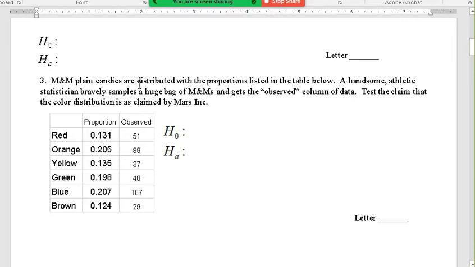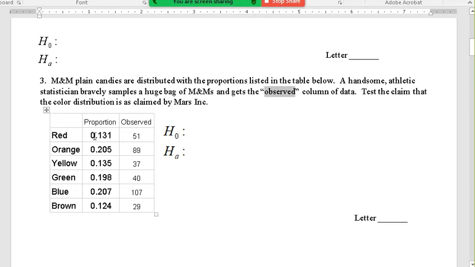M&M plain candies are distributed with a proportion listed in the table below. Samples of a huge bag of M&Ms gets the observed column of data. Well, that word observed is kind of directing you in one fashion or another.